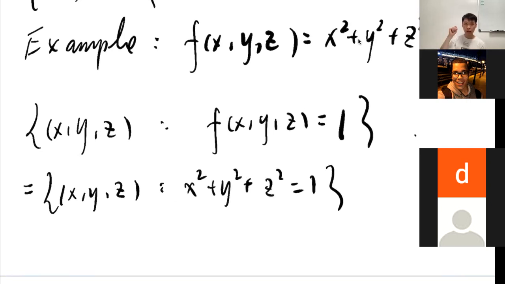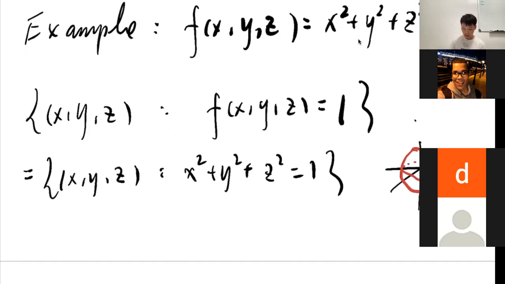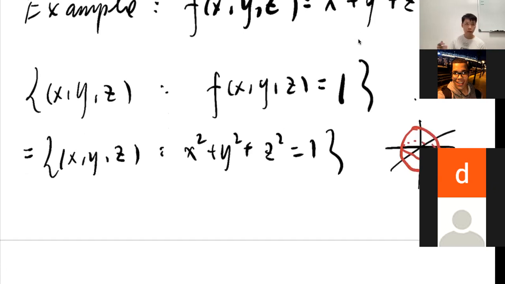This is precisely the points in the unit sphere. Okay. And then you do the same thing for f equals 4 or 9, and now you get another sphere.